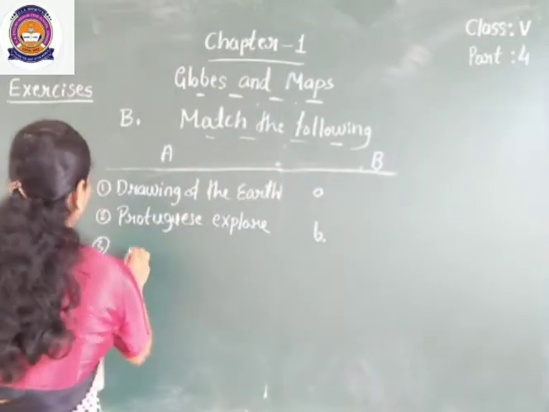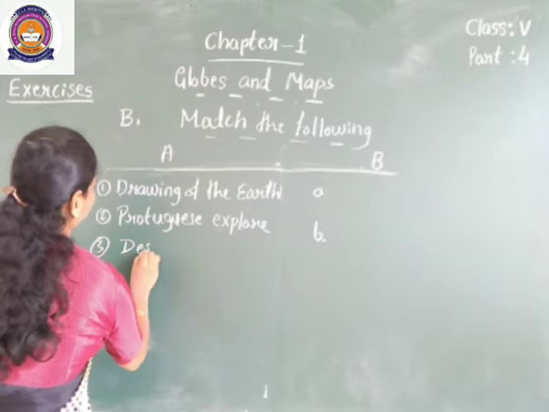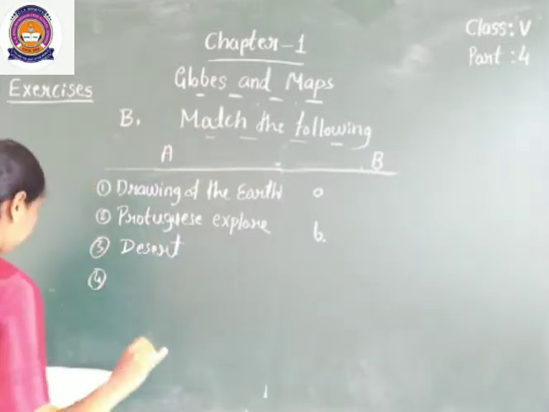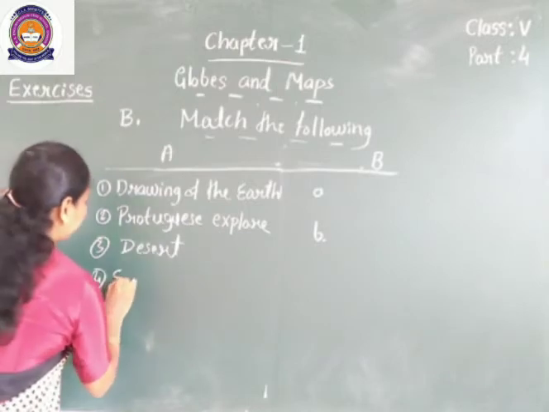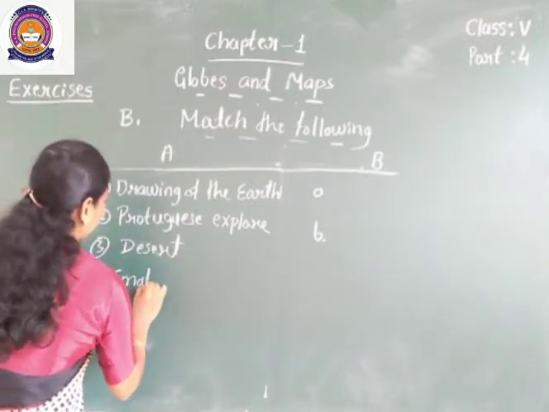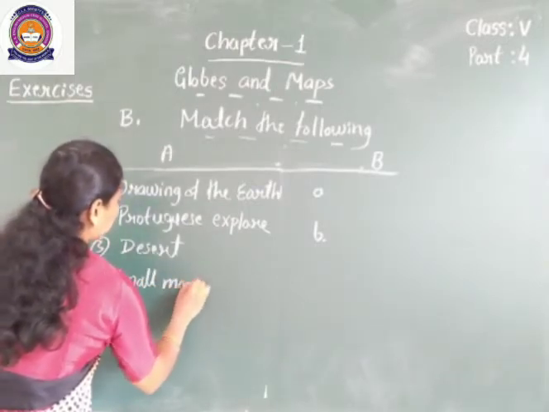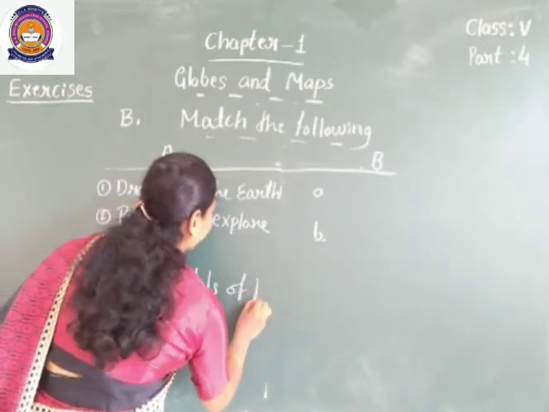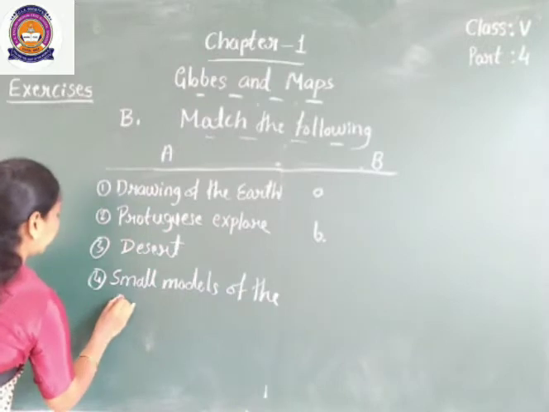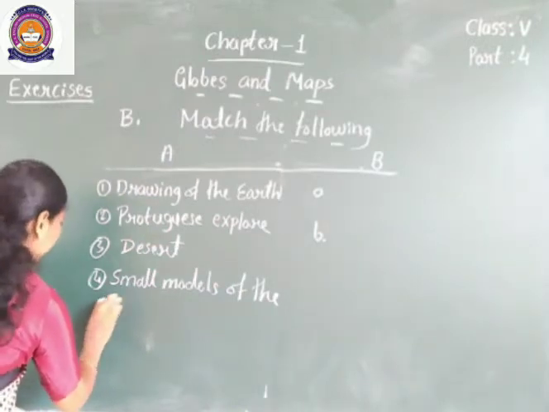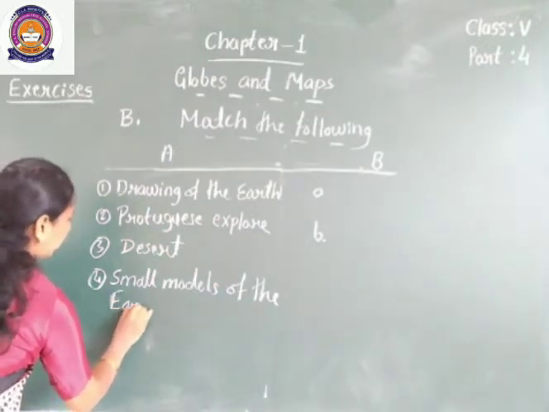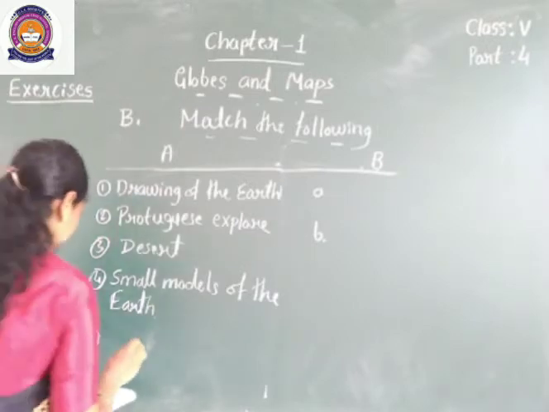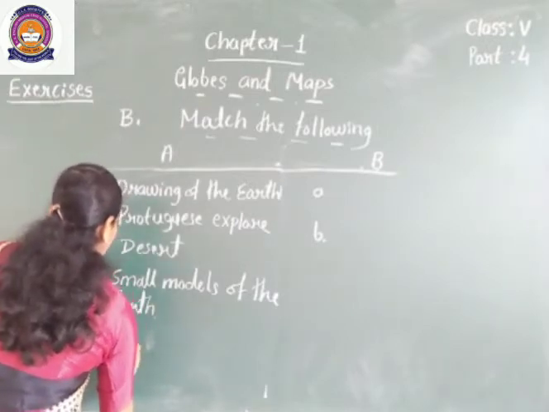Portuguese explorer. Third one, desert. Fourth one, small models of the earth. And fifth one is here, forest.